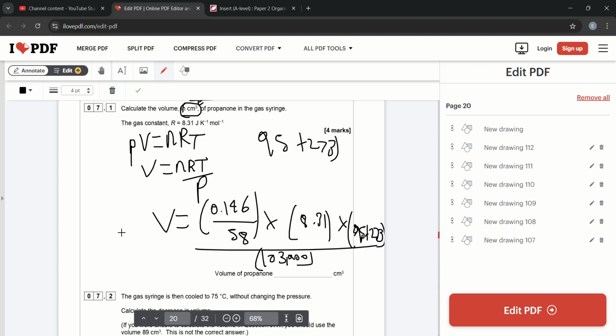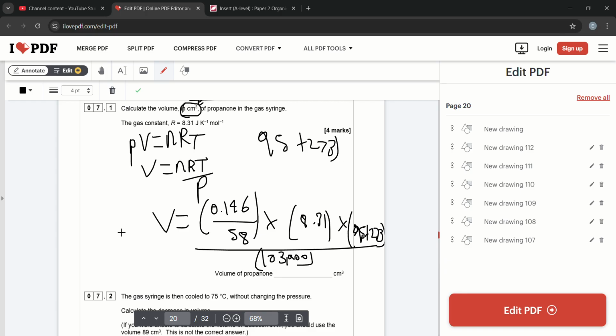So I get 0.146 divided by 58 times 8.31 times 95 plus 273 divided by 103,000. I get 7.47 times 10 to the power minus 5.